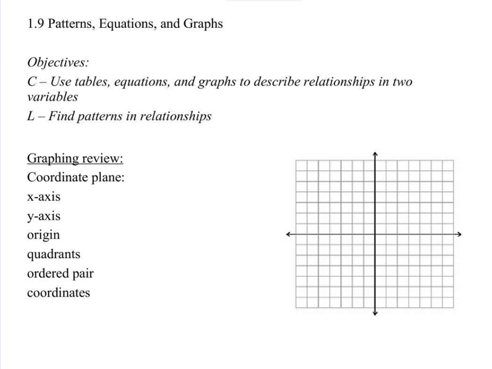What is the coordinate plane? The graph, the whole grid. Just this, right? Coordinate plane stops right there, doesn't it? It goes on forever. This is just a small portion of the coordinate plane.